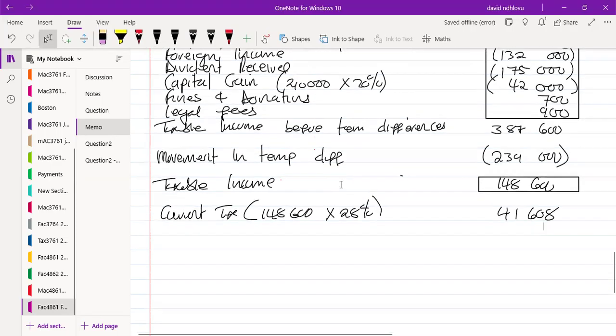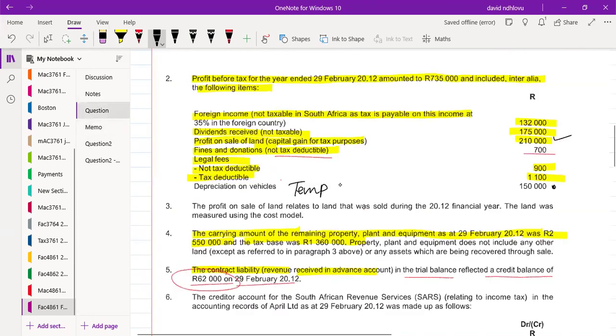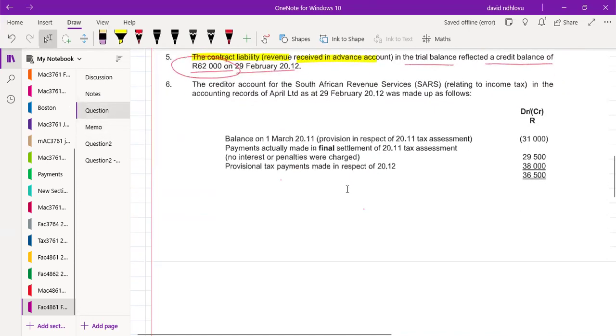Then to conclude this calculation, if you have made any provisional tax payment, you say less provisional tax payment. Remember the T account, the creditor account for SARS relating to income tax in the accounting records for April.